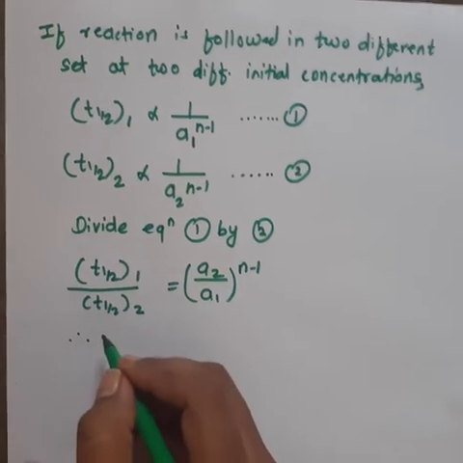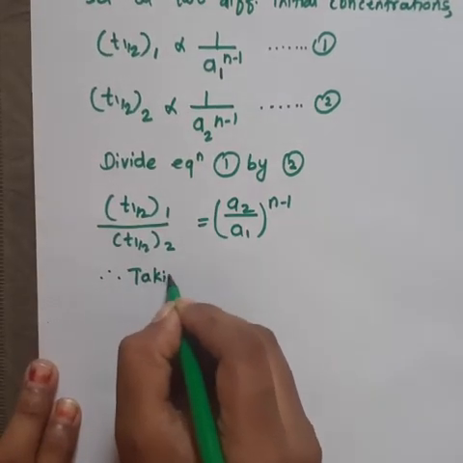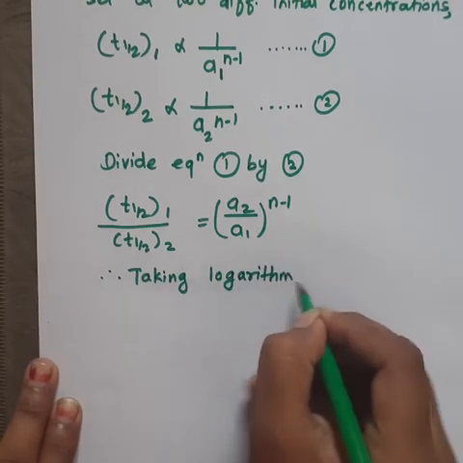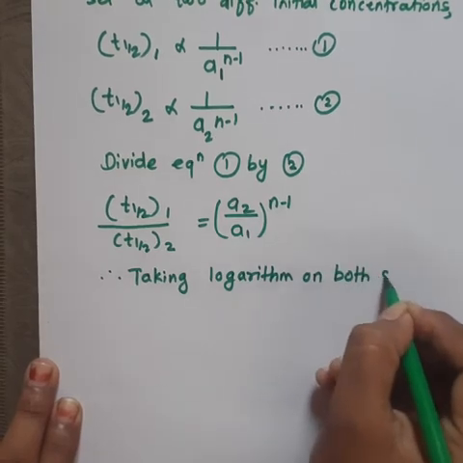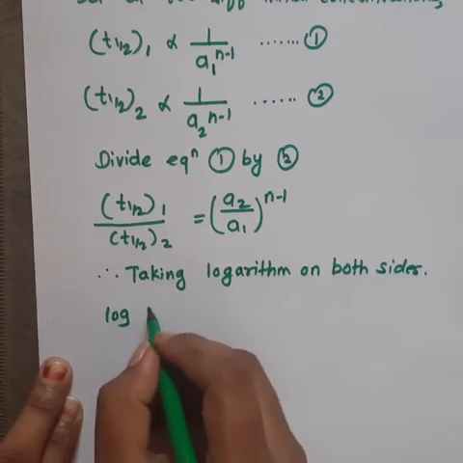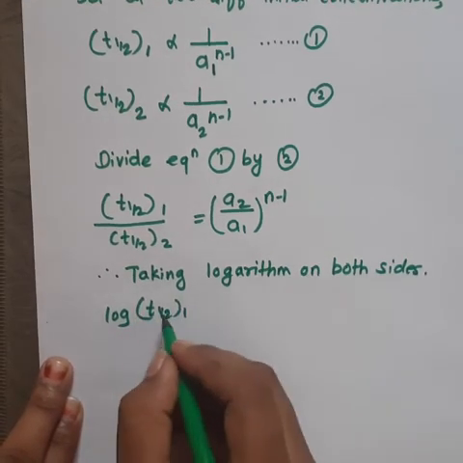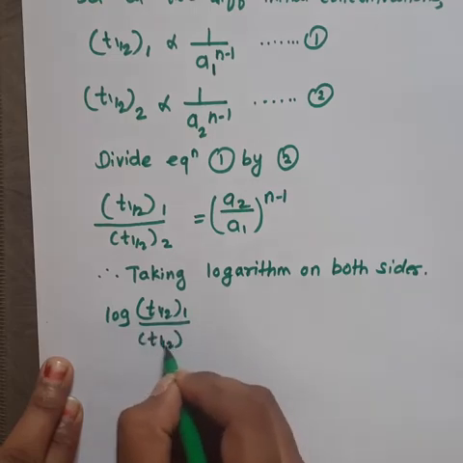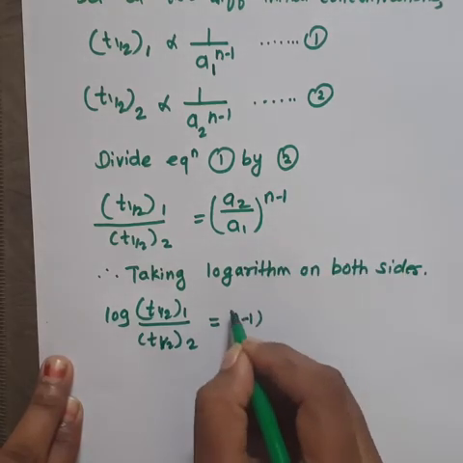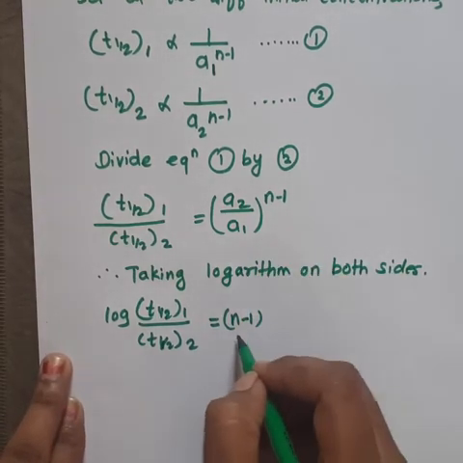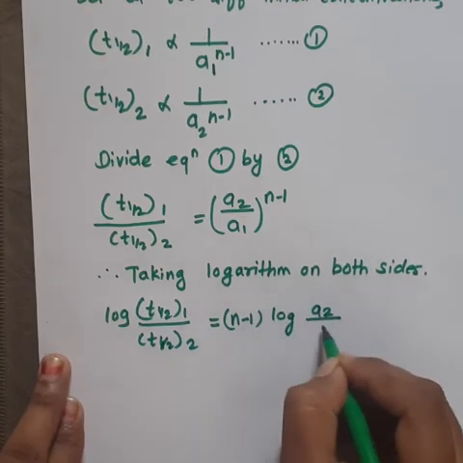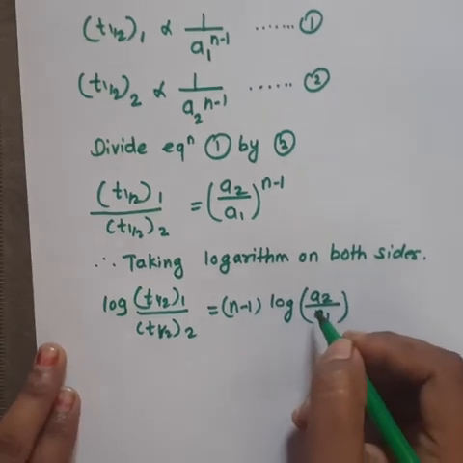Taking logarithm on both sides, and as we know the rules of logarithm, n minus 1 comes in front: log of T half of first divided by T half of second is equal to n minus 1 into log of A2 upon A1.